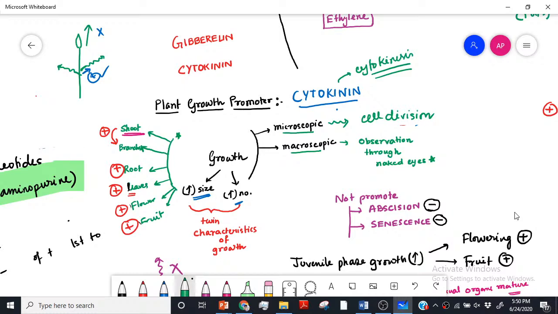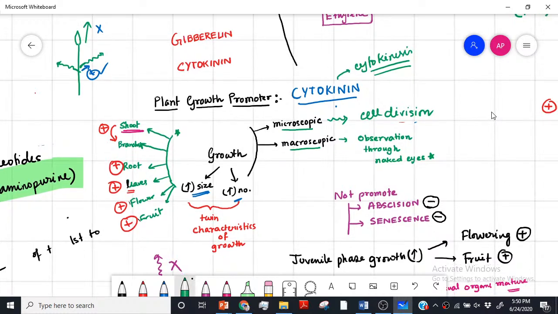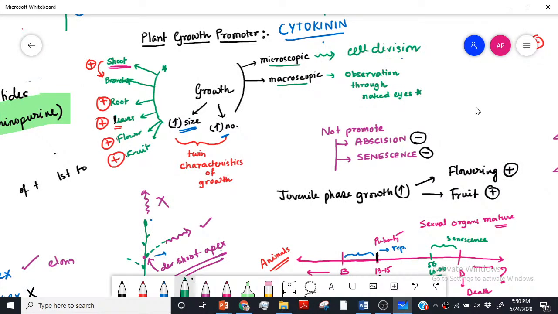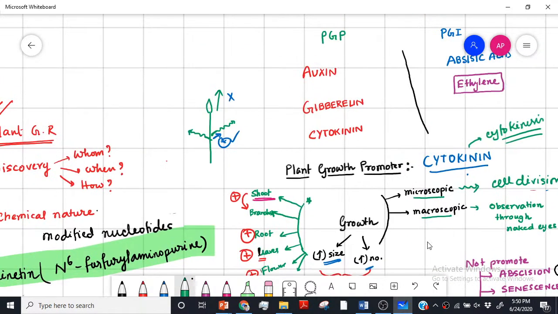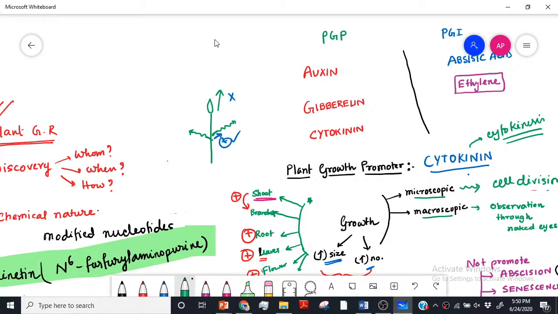Now quickly come to the uses of this. Another thing that you are supposed to know is that it will inhibit senescence, it will inhibit abscission. Now what auxin does: auxin promotes shoot growth and inhibits branching. That is known as apical dominance. That means auxin promotes elongation of shoot but inhibits branching of shoot.